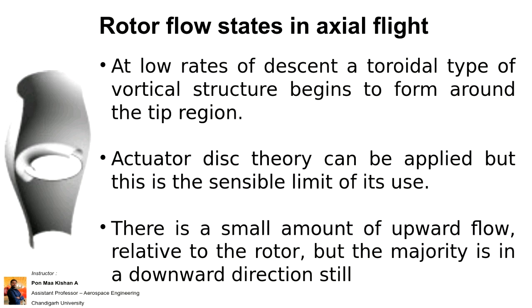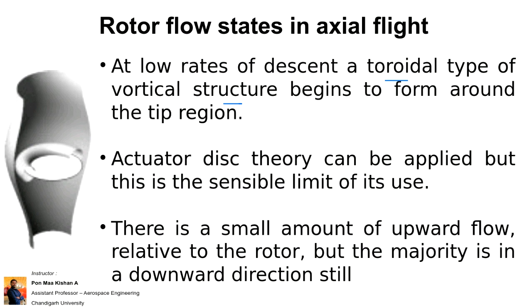And then the low rate of descent. When the helicopter starts to descend, let's consider it is 5 meters per second, at that time the vortex generation will start, at 5 to 10 meters per second. So a toroidal type of vortex structure will be formed along the rotor system. I hope you can see the toroidal formation.